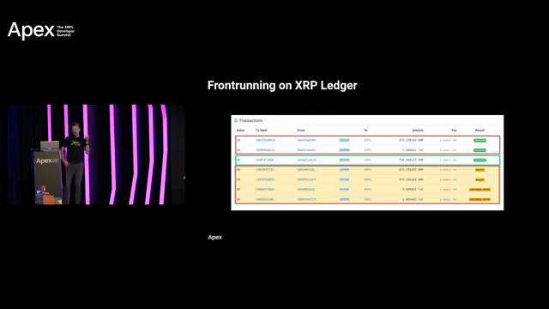So if a frontrunner would like to convince validators to include their malicious transactions in very specific spots, they would have to convince 80% of these validators to include the transaction. And I've heard rumors that it's already hard enough to convince validator owners to update their software in time and to vote on amendments and so on and so forth. So convincing them to behave maliciously is out of the question.